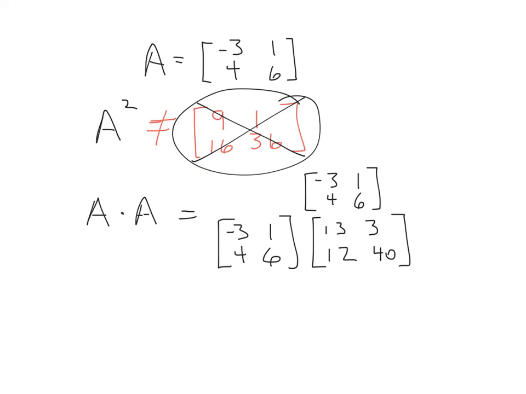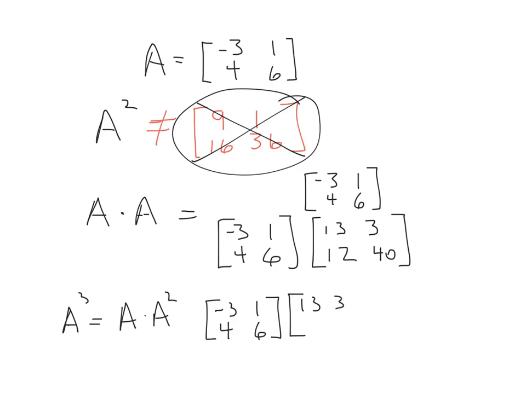And we could also similarly compute the matrix A cubed, which would be equal to A times A squared. So we'd have to do A squared first, and then we could take our matrix A, negative 3, 1, 4, 6, and multiply that by 13, 3, 12, 40.